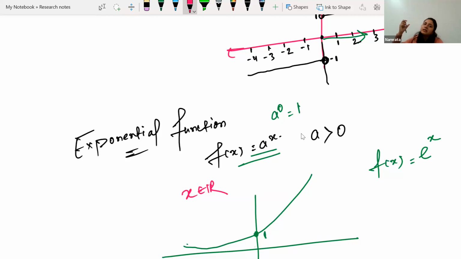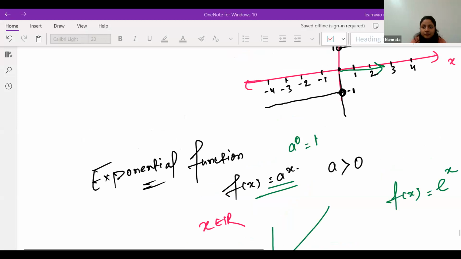Now the power can be anything: 0, positive, negative, decimal, or fraction. So x can be anything here. Everything is acceptable, and hence it is continuous everywhere. Is it clear so far? Okay, let's move ahead.